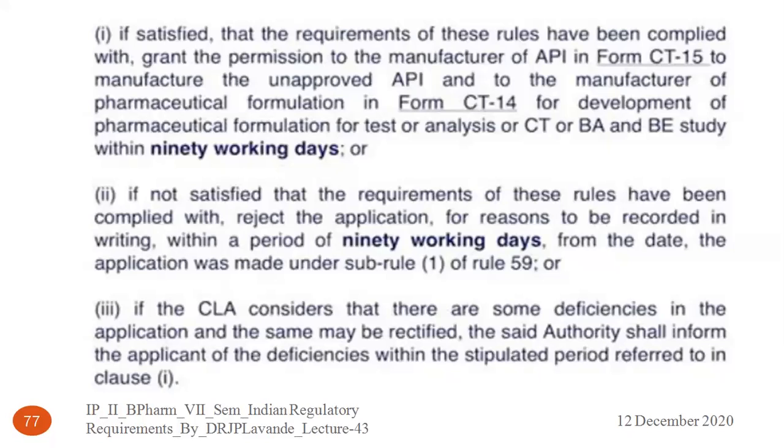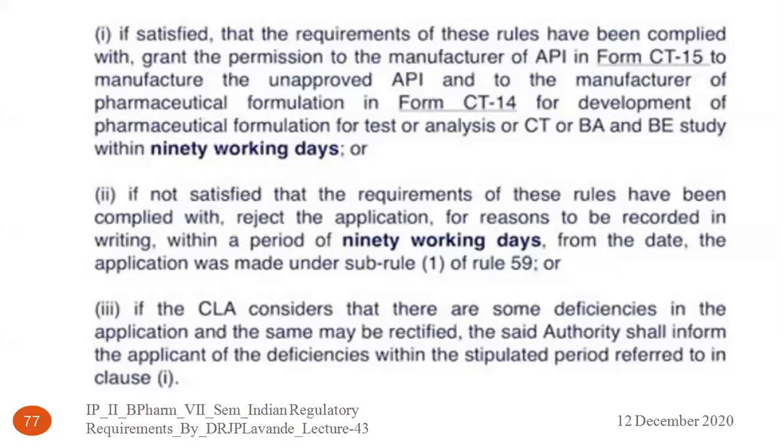And the grant of permission for manufacturing the unapproved API is Form CT15, and Form CT14 in case of the pharmaceutical formulation. Fine. And that whole process will require 90 days.